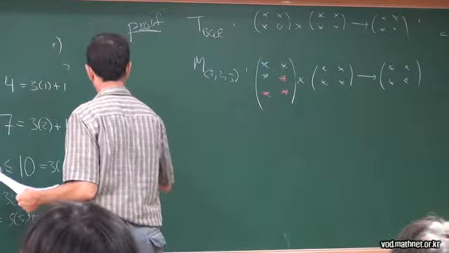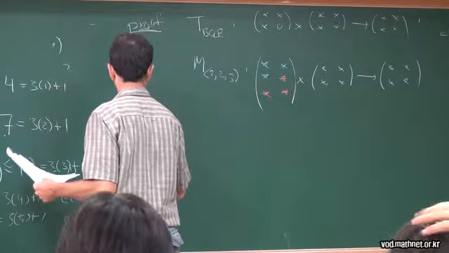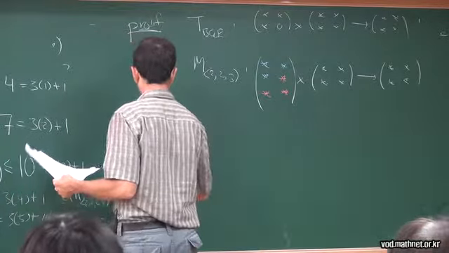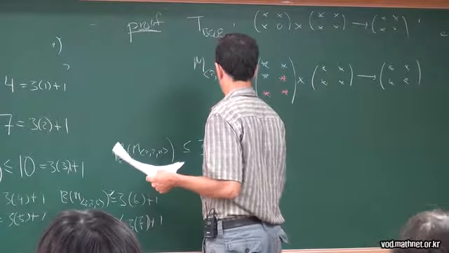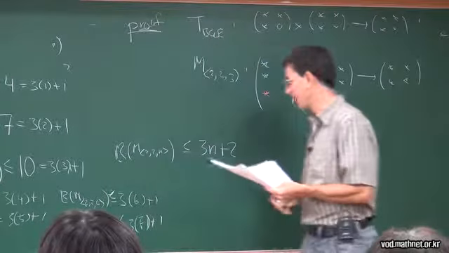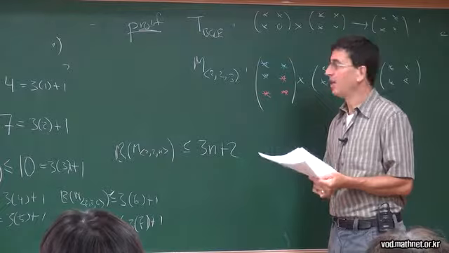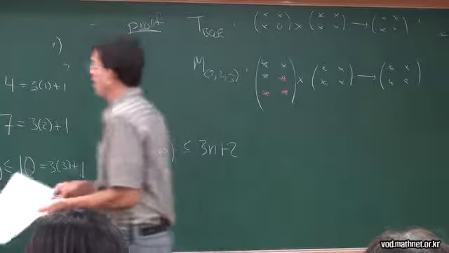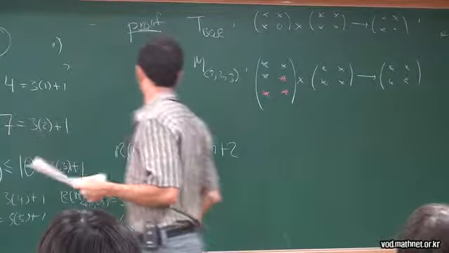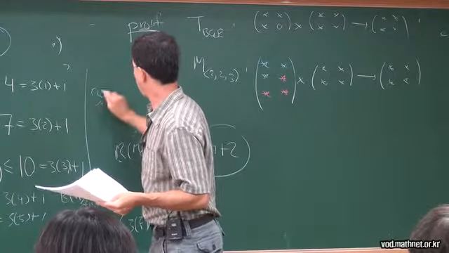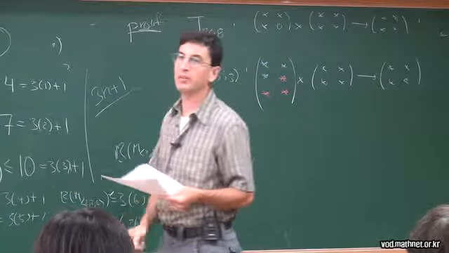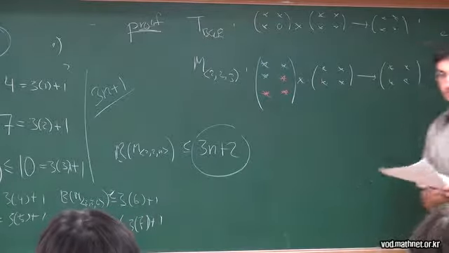And in general, they couldn't prove that bound, but it's less than 3n plus 2 is what they could prove. So we have a lower bound of 3n, an upper bound of 3n plus 2, and some evidence that 3n plus 1 might not be unreasonable.